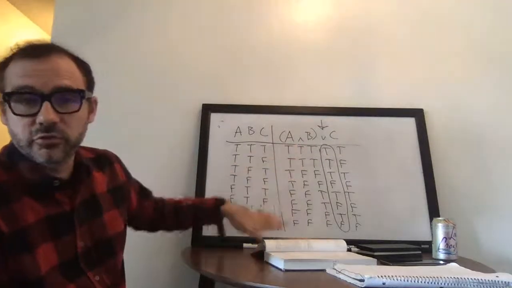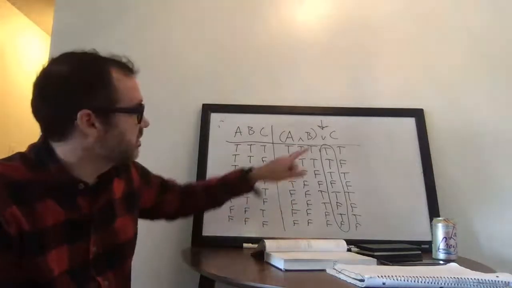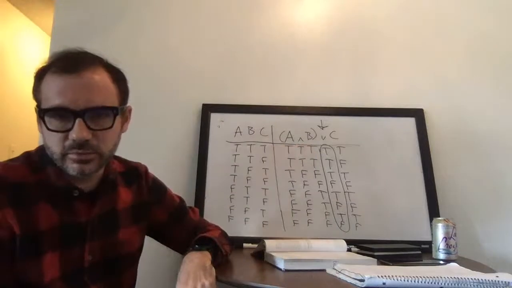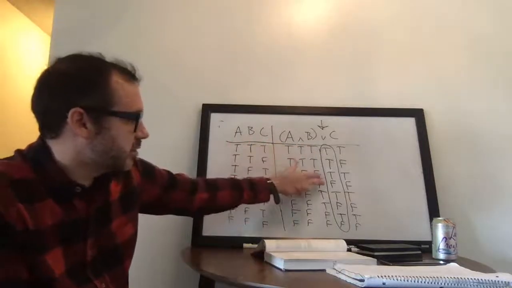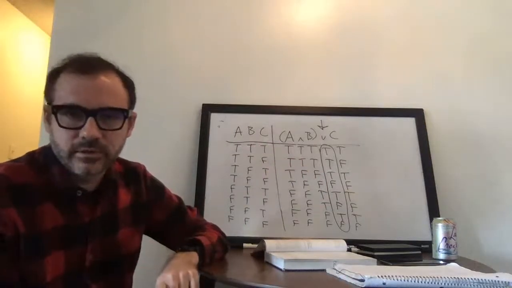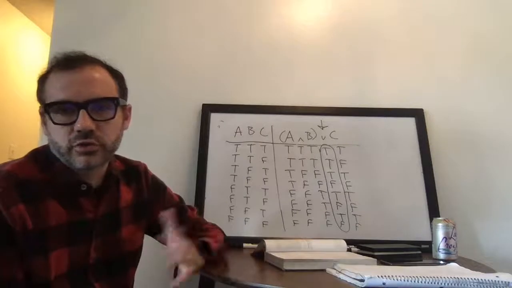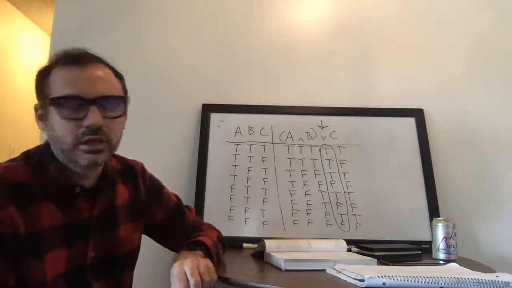If when you complete the truth table, there's a combination of T's and F's, that means that this sentence is logically indeterminate, because it means that there's a possible world where it's true and some possible worlds where it's false. So since it could be either way, that means that it's not logically true nor logically false. It can be one or the other, true or false.